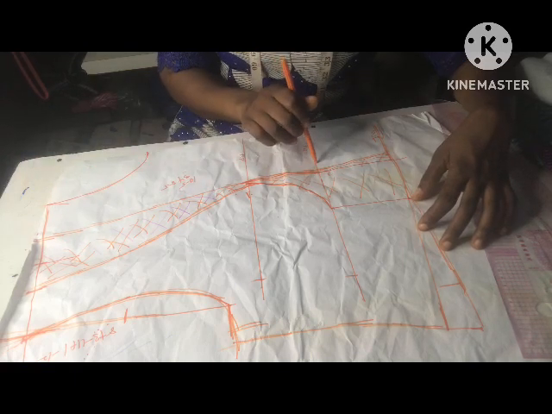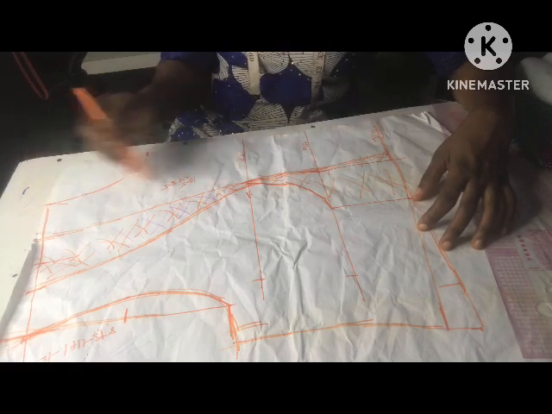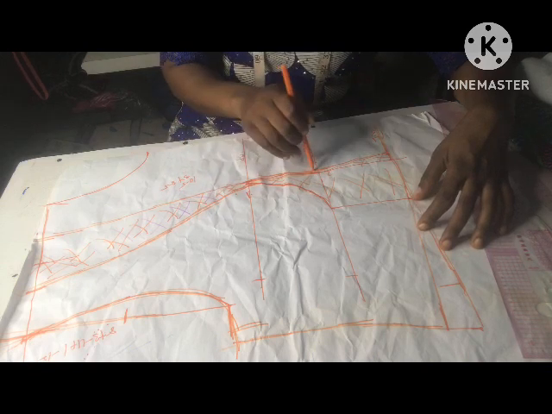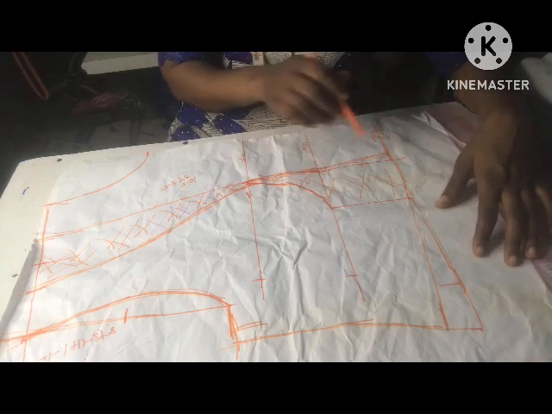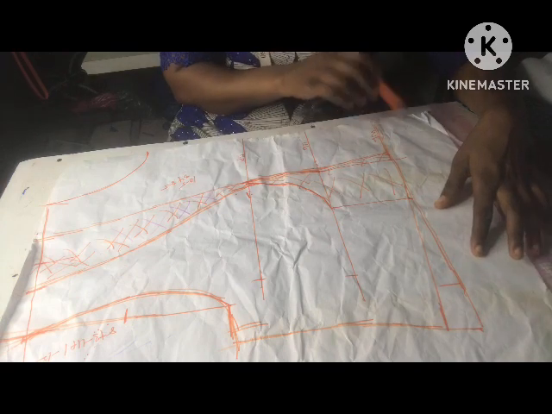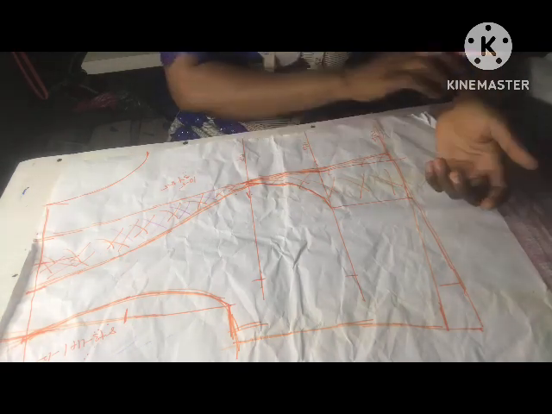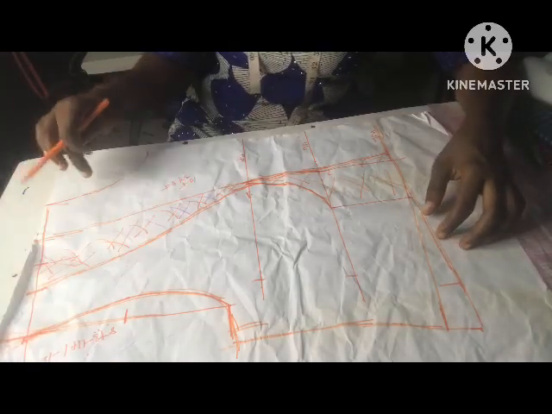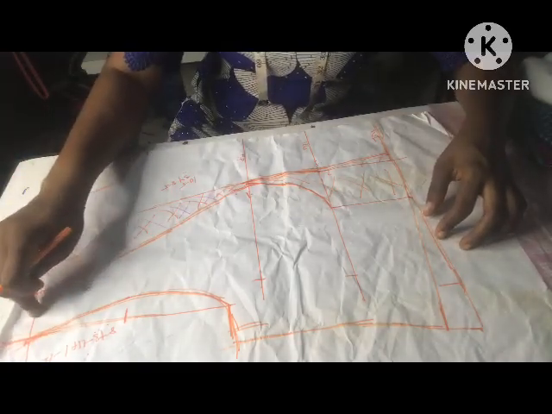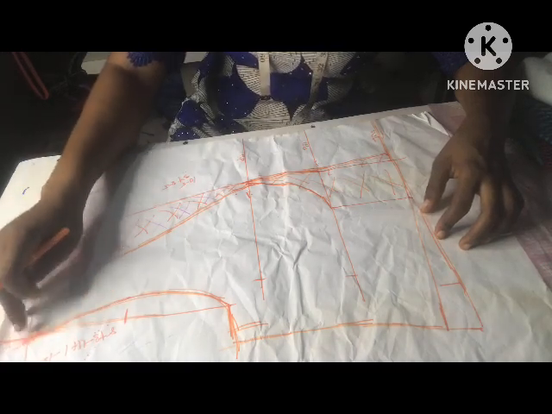If your under bust is 13, add the 1 inch that you have added here, that is 14. Like my own is 14, that is 15. And your waistline too, you add 1 inch to it also. And here at your shoulder, whatever you are cutting away, make sure you add it to it, so that by the time you finish it will balance.